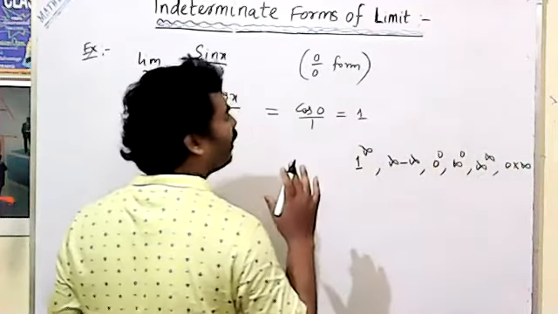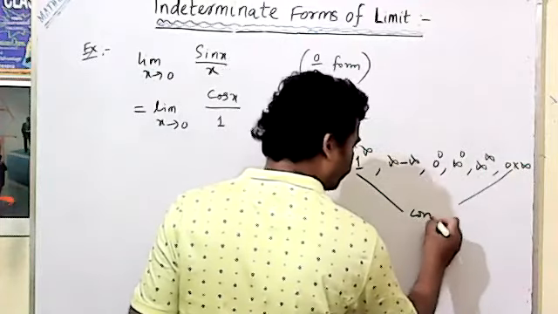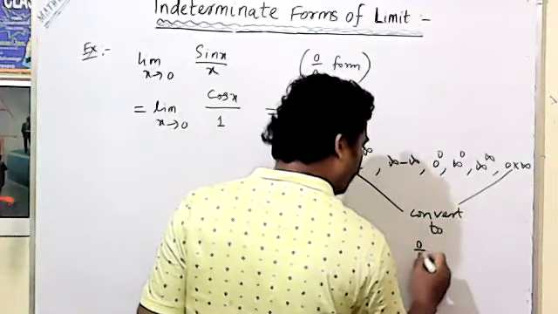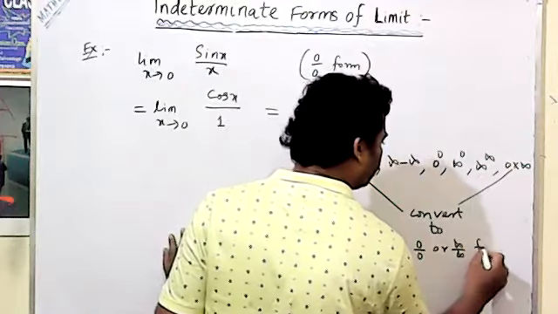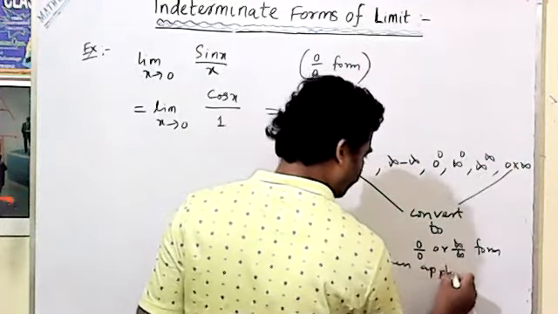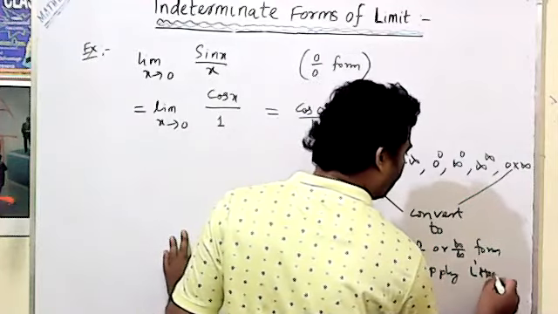If these forms come, then you have to convert them to a 0 by 0 or infinity by infinity form, then apply the L'Hopital method.